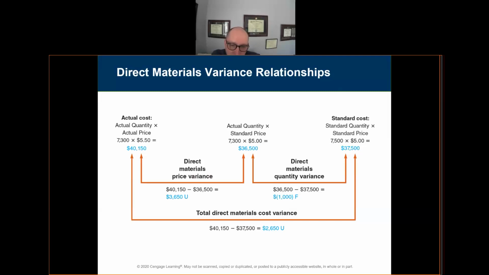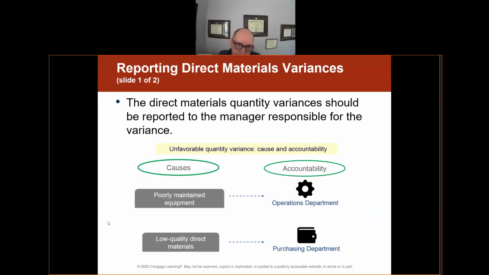But if you take the total actual minus the total standard, that will give you the total direct materials cost variance. Of course, it's unfavorable because it's over. So how's it all reported? When we report direct materials variance, we report it based off of the actual compared to the standard.